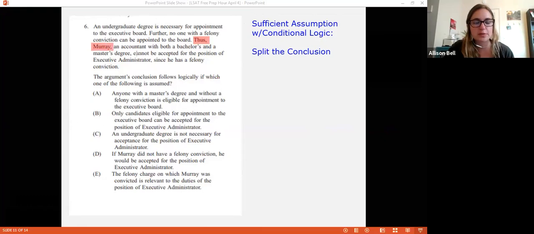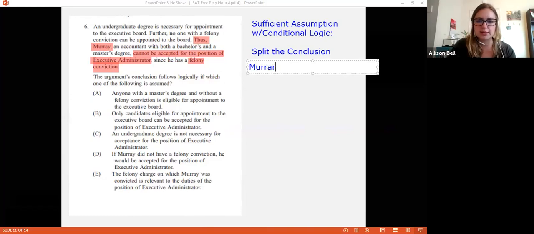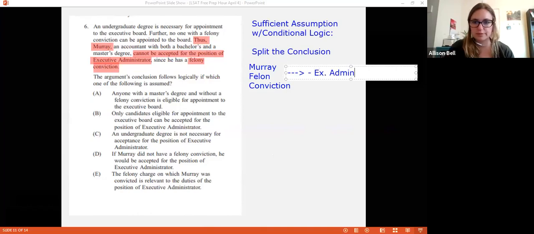Murray, it describes him a little bit, cannot be accepted for the position of executive administrator, and it's on account of his felony conviction. So we're getting a conclusion that's basically saying Murray has a felony conviction, therefore not going to be the executive administrator.